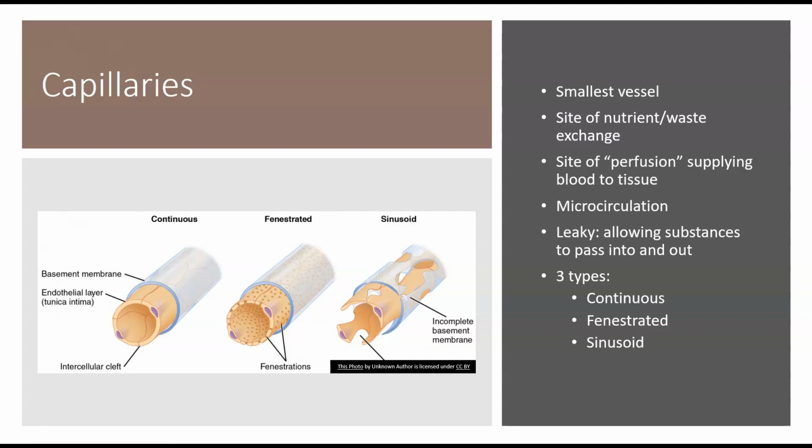They're going to have lots of openings in them, and they're going to allow really large molecules to leak between the capillary and the interstitial fluid, like plasma proteins. So proteins are really large. These are going to be the capillaries that will allow proteins to come into and out of the capillary, or into and out of the interstitial fluid.